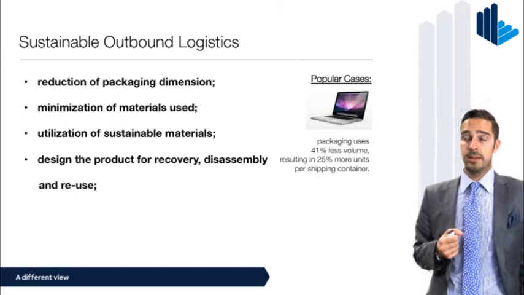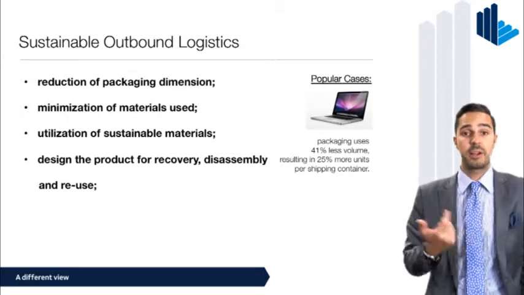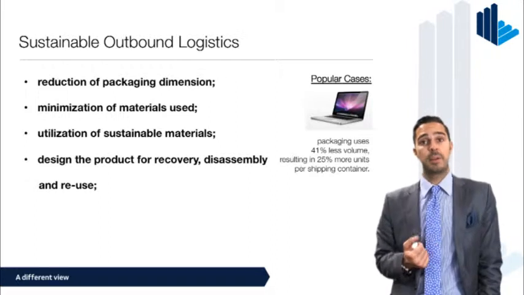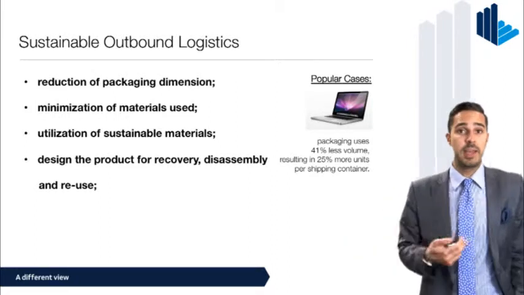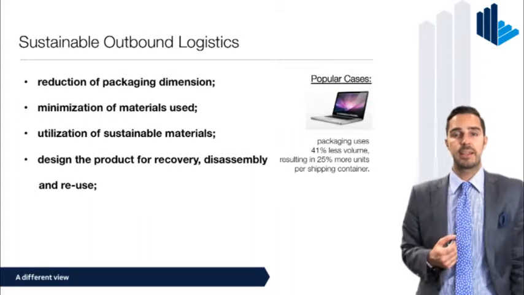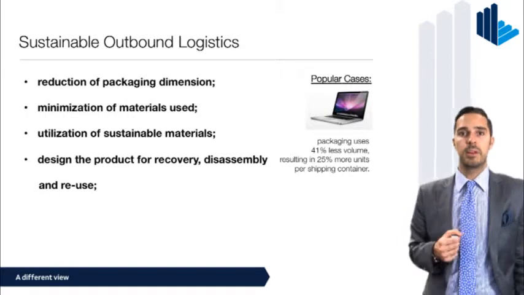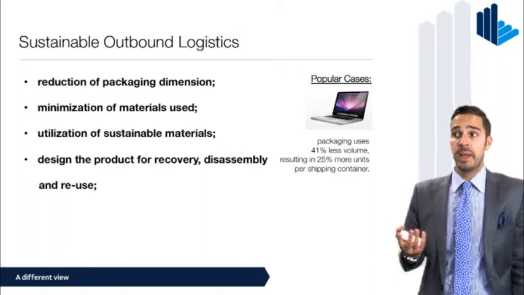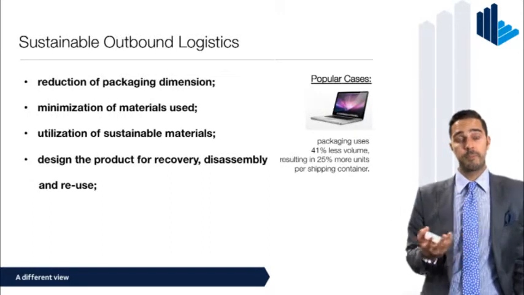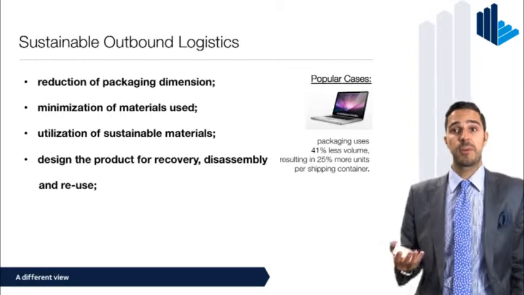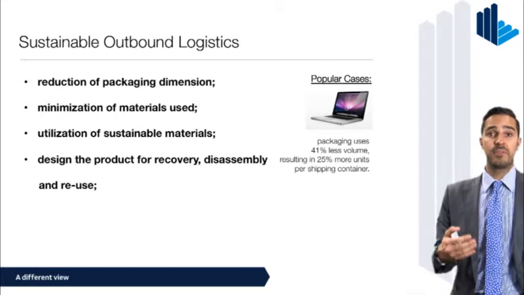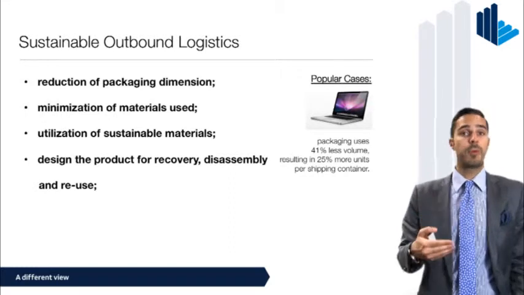Another great example, in addition to the one of Kellogg's we discussed, is, for example, Apple computers. They pushed a lot the packaging redesign in the last model of the MacBook, and basically they were able to develop a packaging that was 41% less in volume than the previous one, resulting in 25% more units per shipping container.